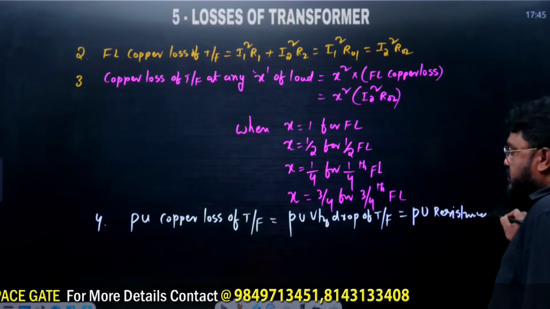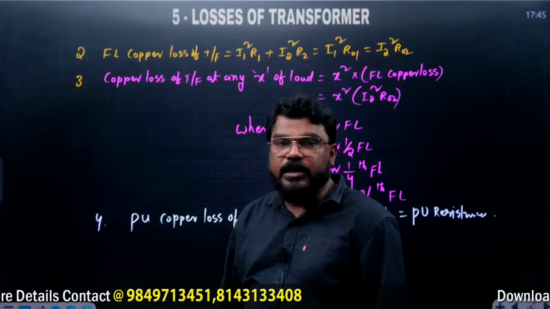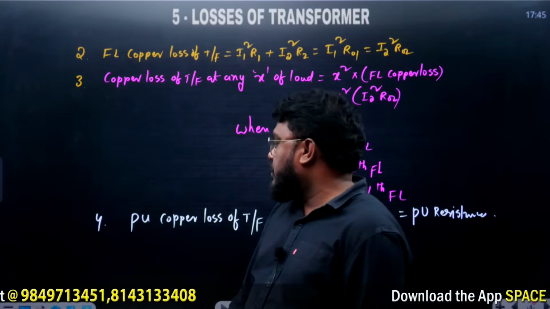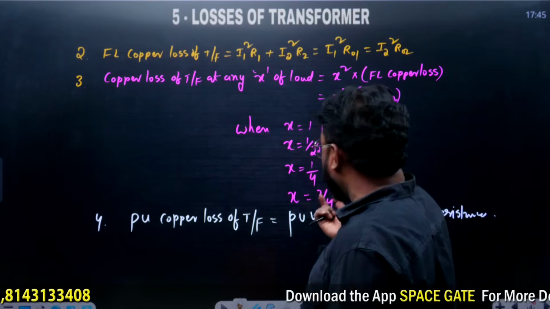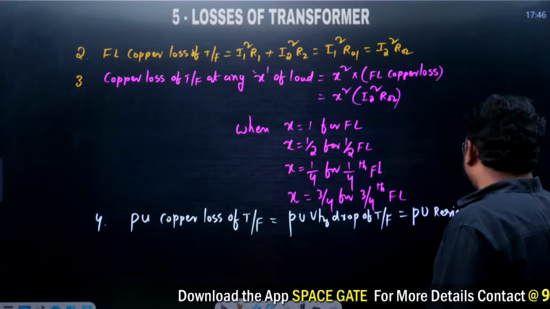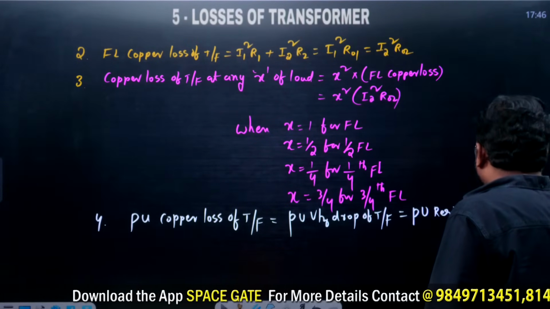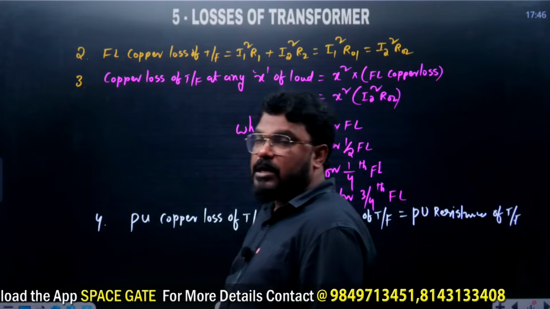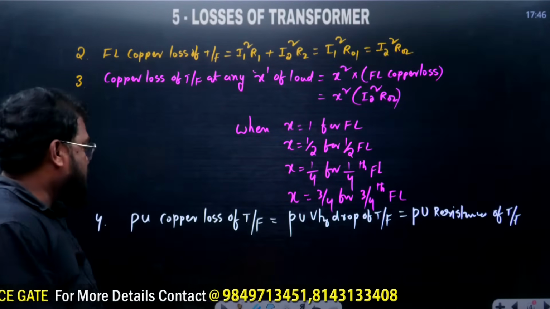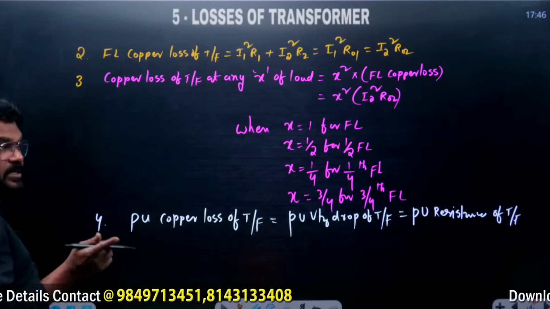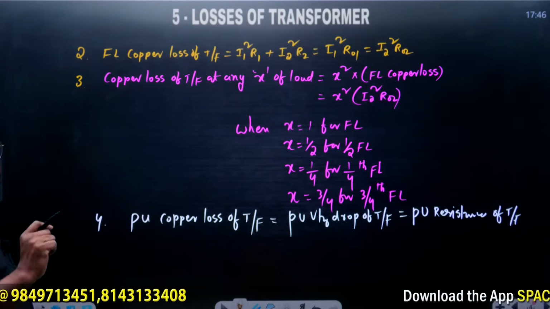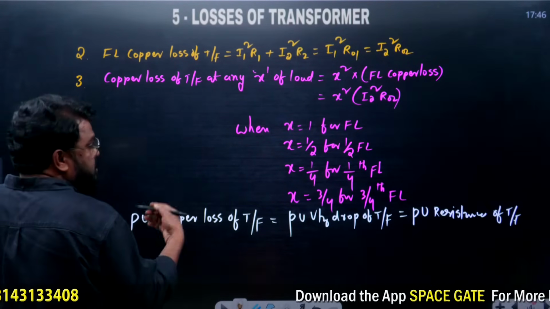So per unit resistance of transformer. Suppose if you want to find out percentage copper losses, multiply by 100. So percentage copper loss is equal to percentage voltage drop, that is also percentage resistance of the transformer. So this is also another possibility of the question. Copper loss depends on the load current. What is the relation between copper losses and load current?